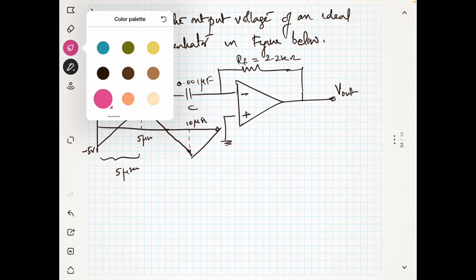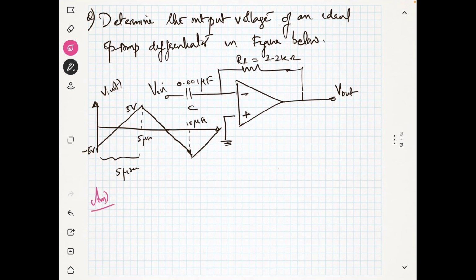So for this problem, I will give the answer now. Okay, what is this? It is a differentiator circuit. So V out of t is equal to minus of RF into C into dV in of t by dt. But what is the rate of change of input? You can write this equation for this line and also solve it.